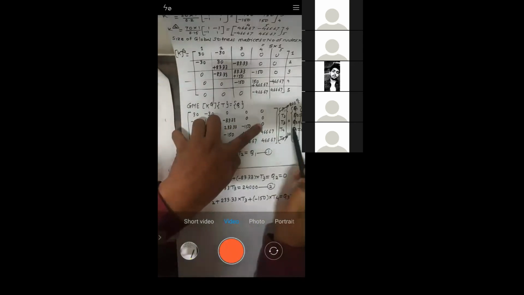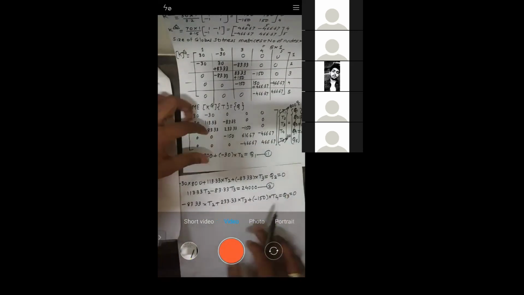This into this is again 0, is equal to Q3, and that is equal to 0. Is it okay?